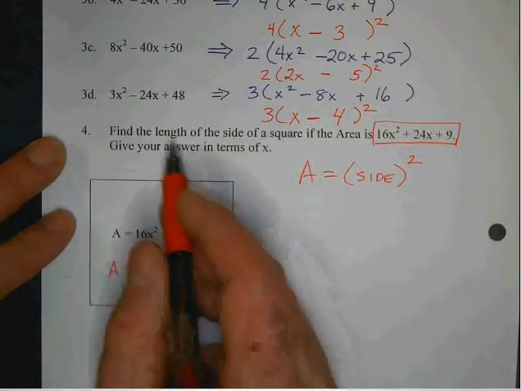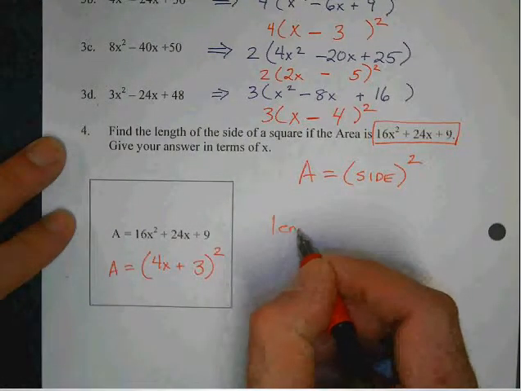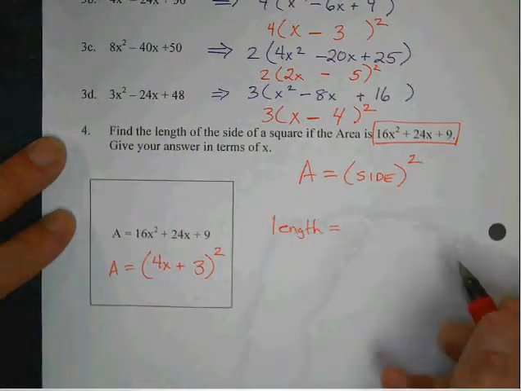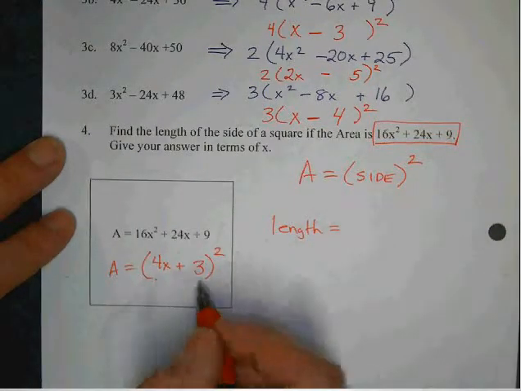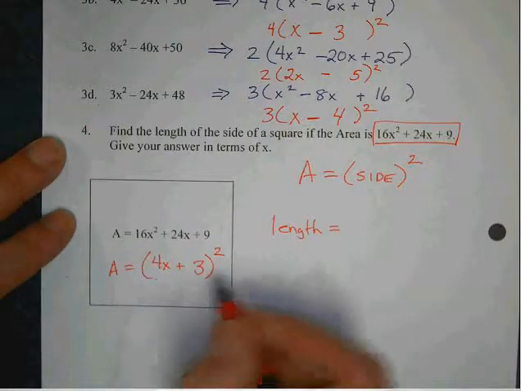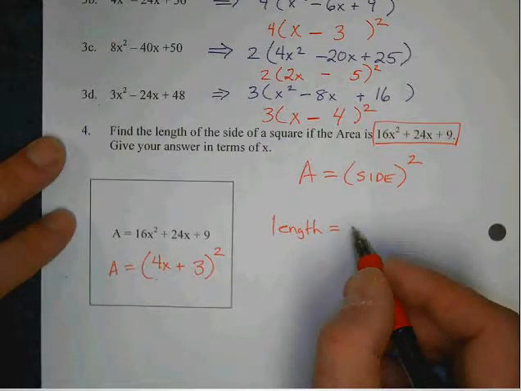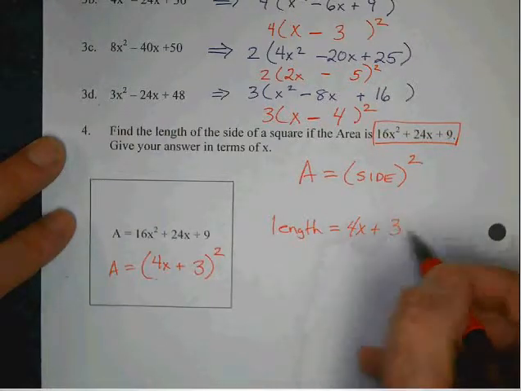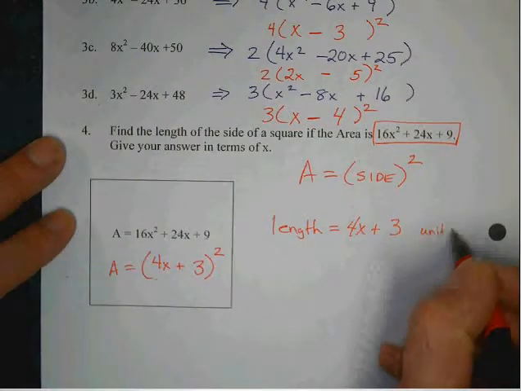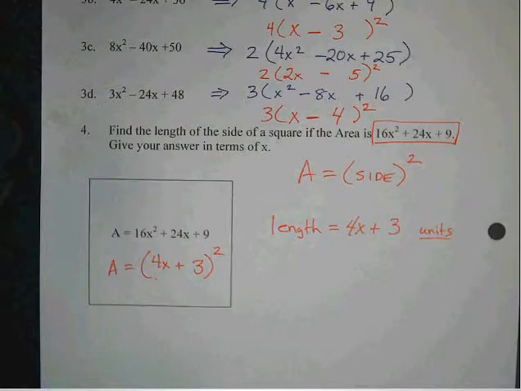So it says find the length of the side. So I guess I need to say the length is how much? Well, this is the formula. That's the same formula. What's my length? 4x plus 3, and I guess we should say units. Since there's no centimeters, inches, or whatever, it's just units. So just a little application about area.